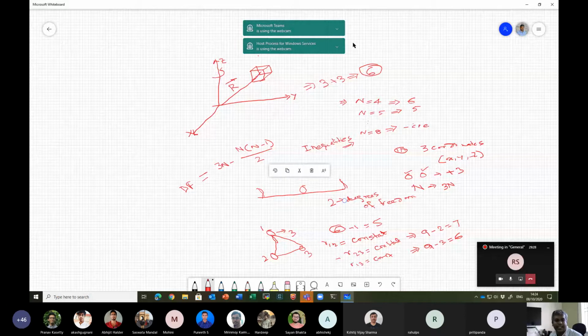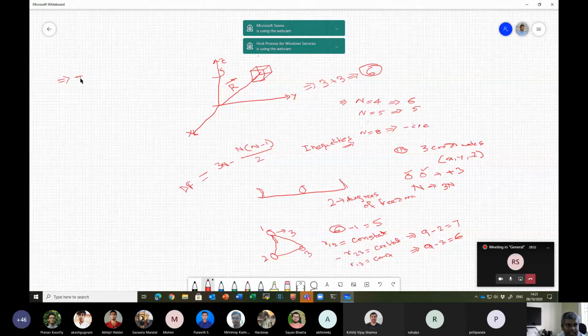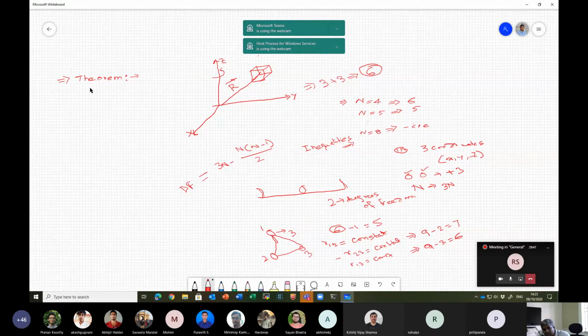Here there is a theorem which tells when you can reduce the degrees of freedom. Just like you asked, if we have 2 particles, we have 6 degrees of freedom, and we put a rod between them such that the distance between them is constant.